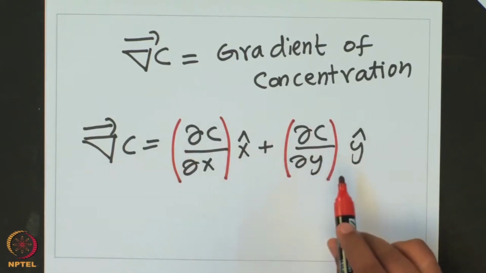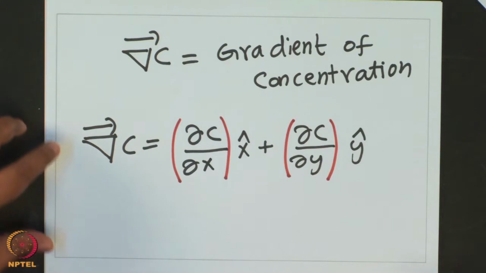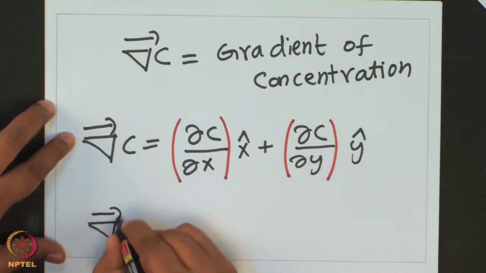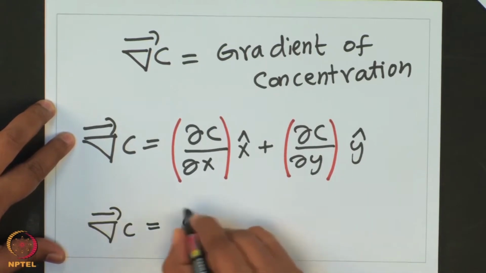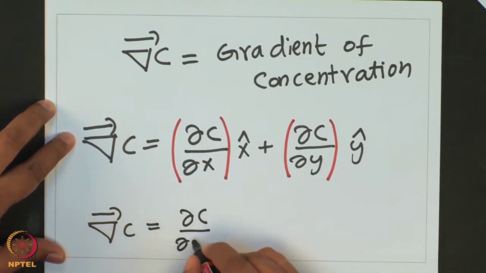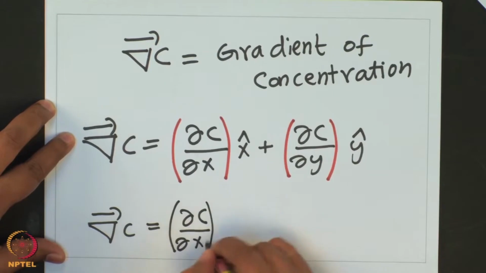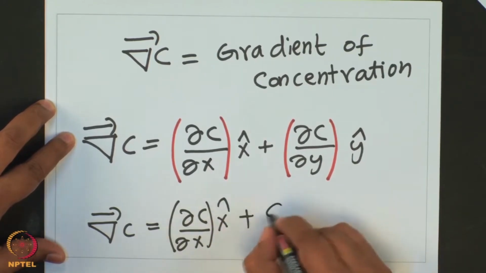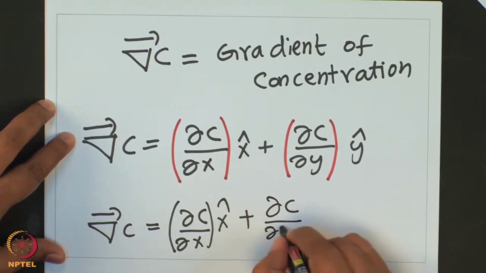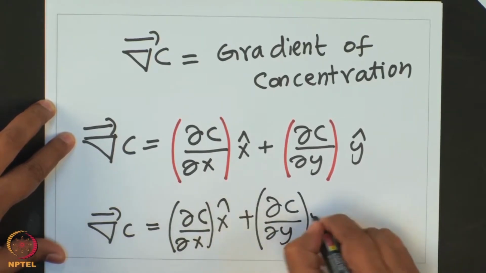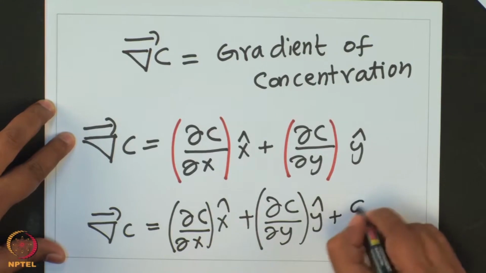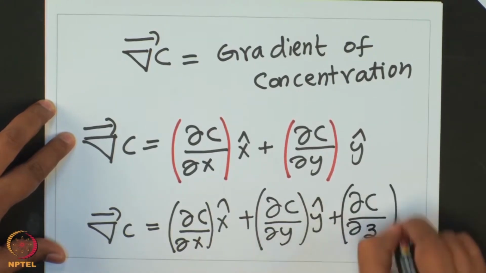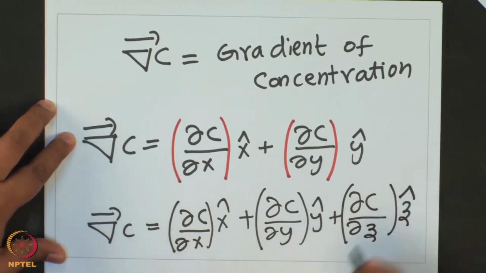This is the gradient in 2 dimension. Similarly, we could have the gradient of course in 3 dimension, if in reality everything will be in 3 dimension. Del C in 3 dimension is del C by del x along x cap plus del C by del y along y cap plus del C by del z along z cap.